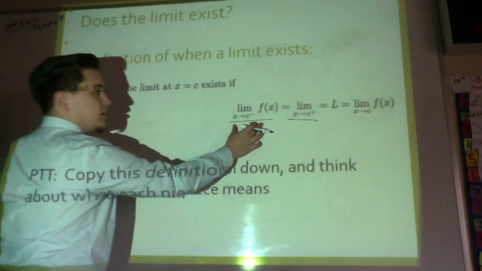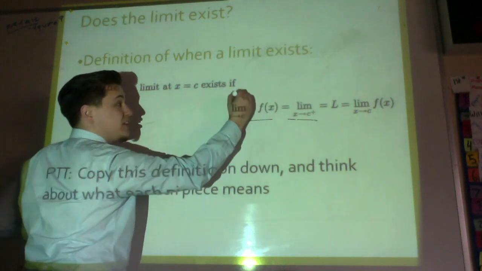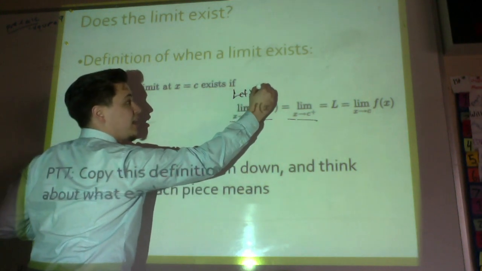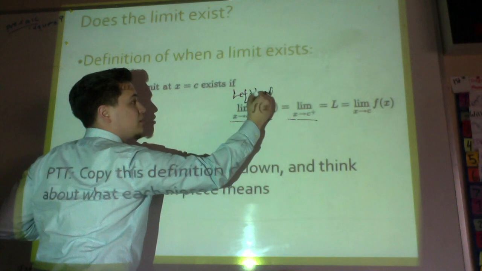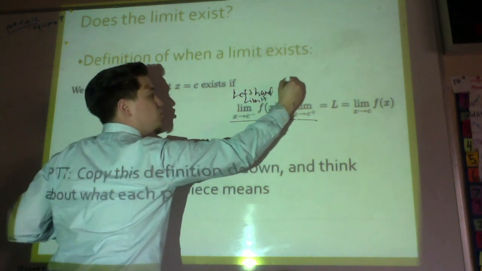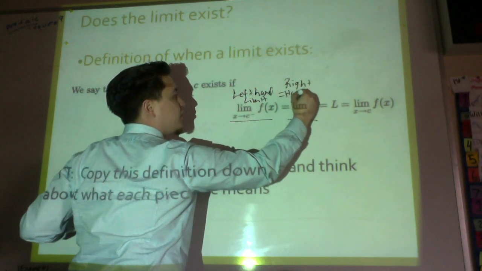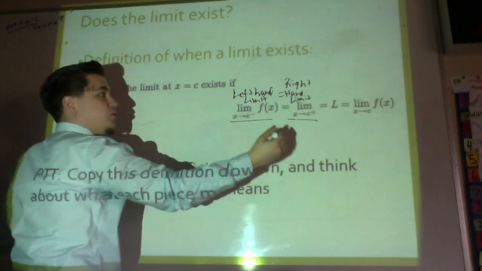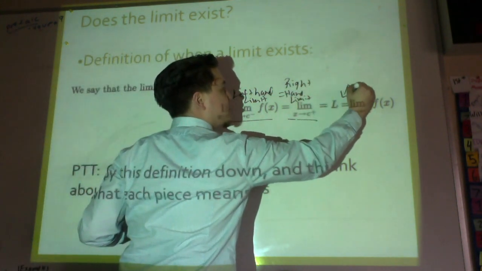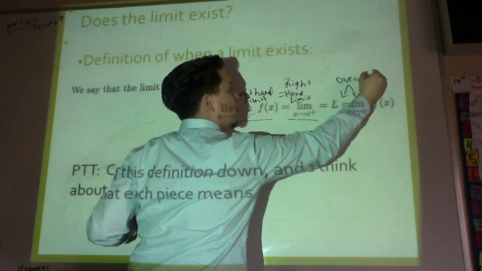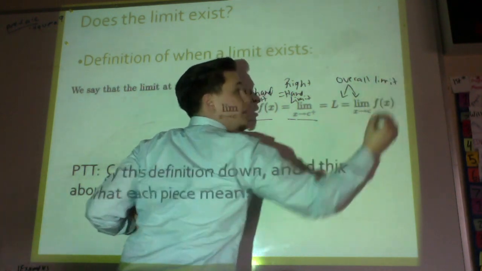So this side, because it is from the left, is your left-hand limit. When that is equal to your right-hand limit, it's equal to this right here and this right here, the overall limit.